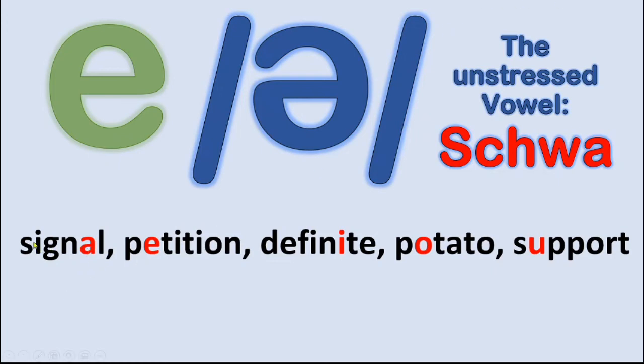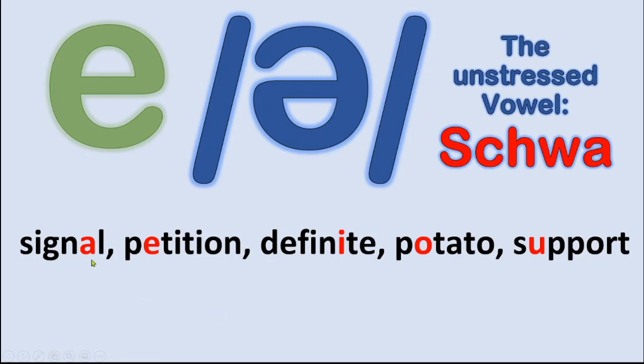Look at the red ones, ignore the black ones. A, E, I, O, and U. If you read these words quickly, you'll notice something really interesting. So that says signal, petition, definite, potato, support.